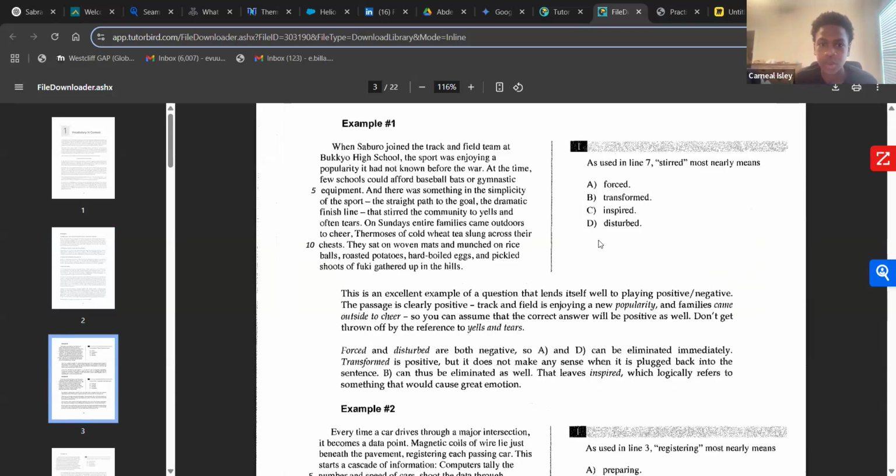At the time, few schools could afford a baseball bat or gymnastic equipment, and there was something in the simplicity of the sport, the straight paths to the goal, the dramatic finish line, that stirred the community to yells and often tears.